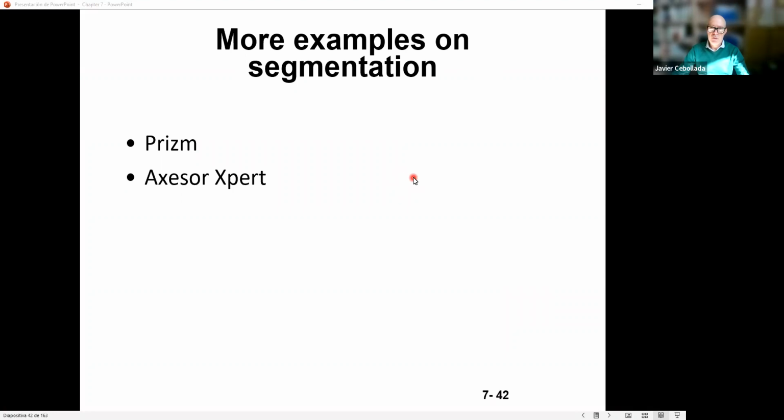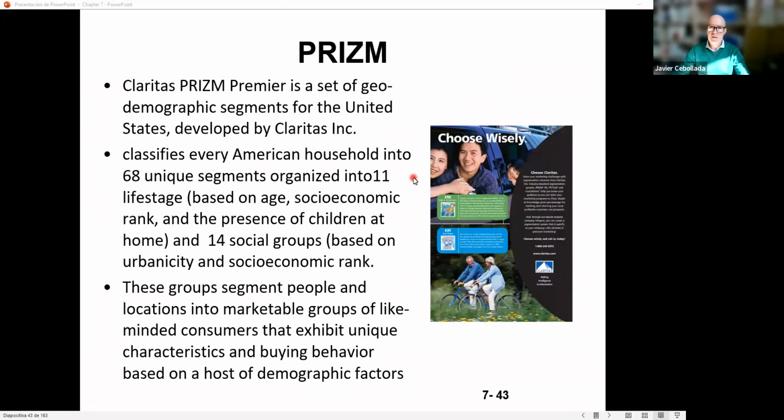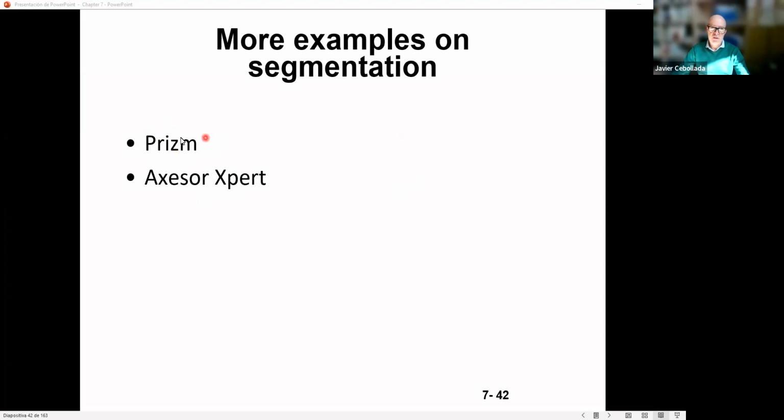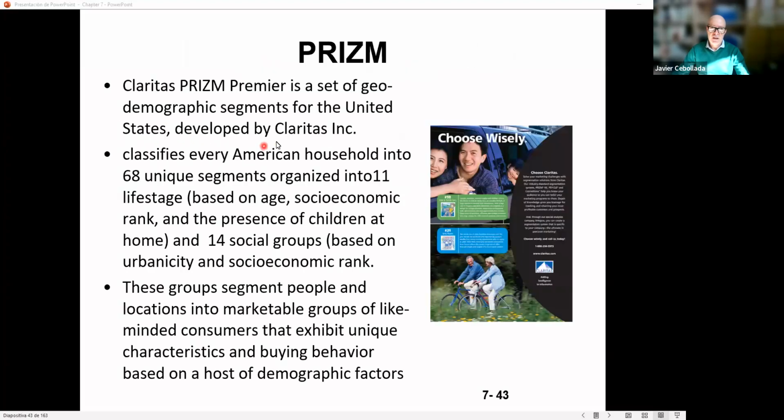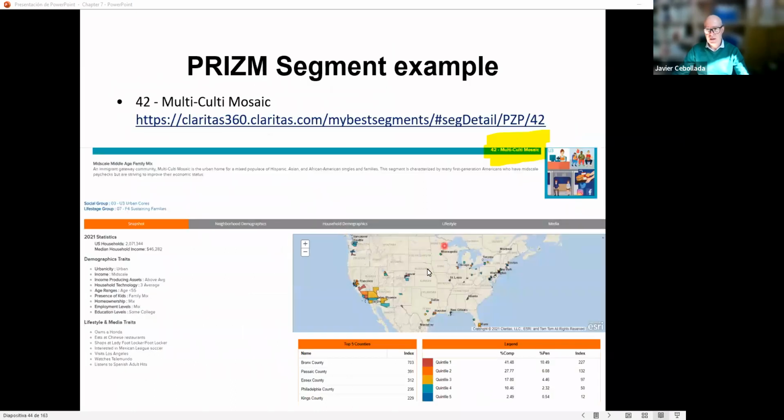You have here more examples on segmentation, but I'm going to leave this for you. This is a segmentation scheme, the PRIZM, like a very granular or detailed segmentation used in countries like the US, in which they define different segments of consumers, and also they specify at different counties, something like zip codes even, what is the composition of each of the zip codes in the US of these groups defined before.